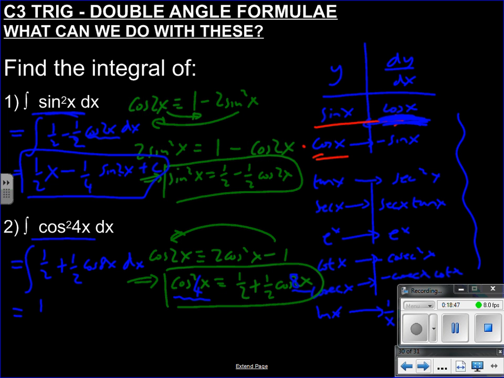So therefore, the half goes to half x. That half here stays. Cos goes to sine 8x. And if you differentiated it, the 8 would come out. So we need to divide by 8 to compensate. So we get 16. Right, we will do more on this integration stuff later. But there we go. Video done. I think that's long enough.